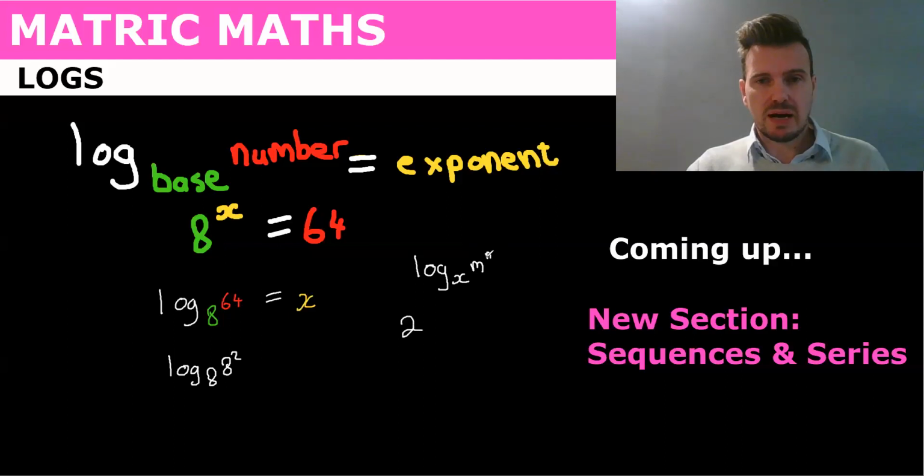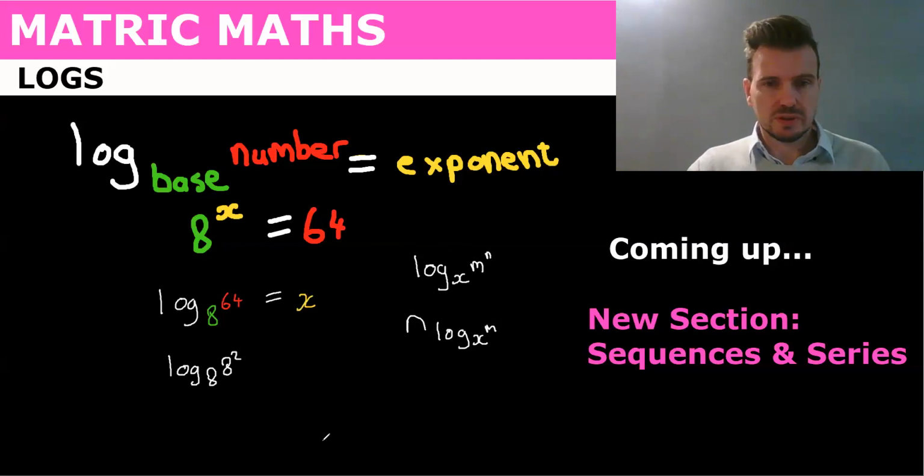The power of the number, m to the n, goes to the front. So that's one of the first rules.